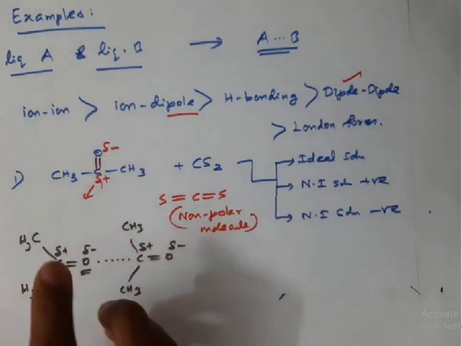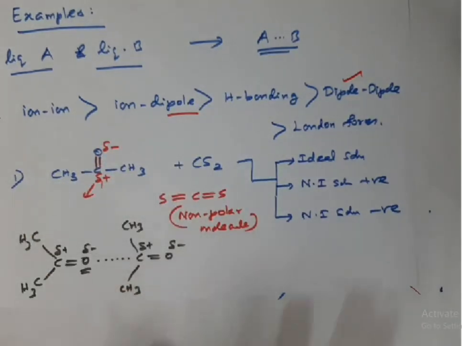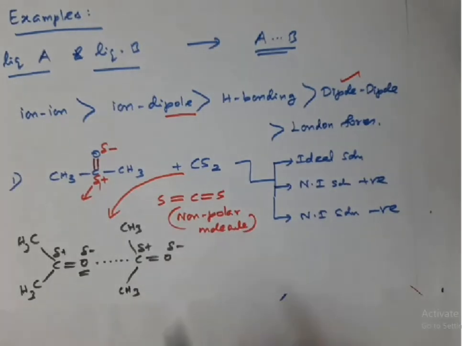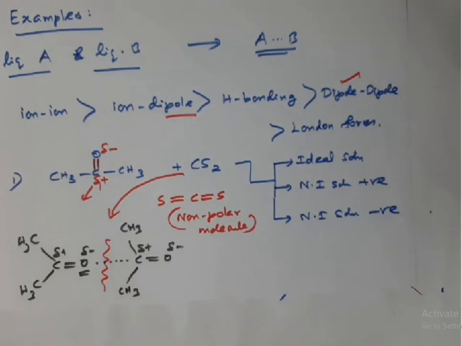In pure acetone, we have a lot of dipole-dipole attraction, so strong attractive forces are there. But if I mix carbon disulfide, carbon disulfide is a non-polar molecule. It will break these attractions, because carbon disulfide molecules will go in between acetone molecules, and the forces of attraction start to decrease.